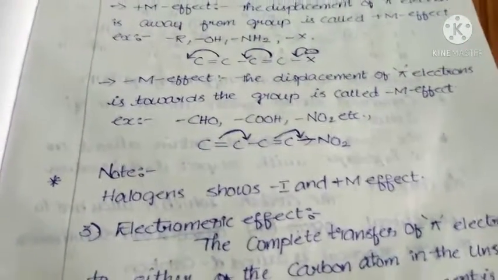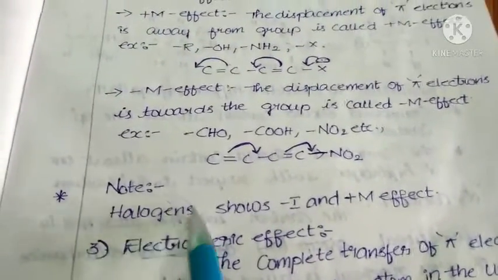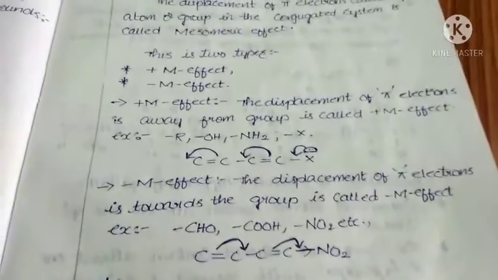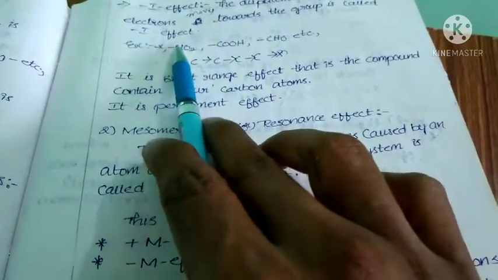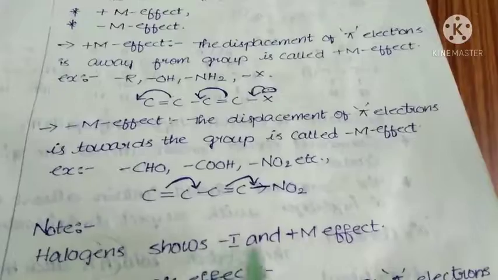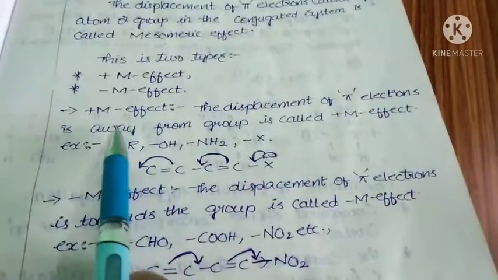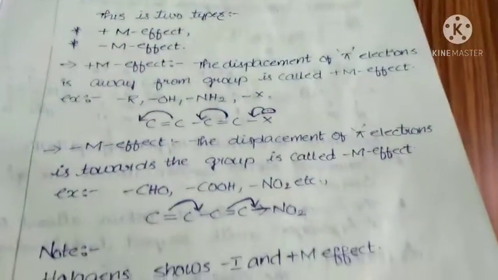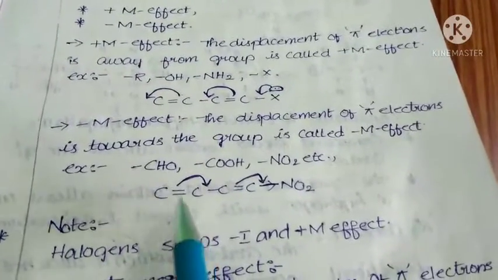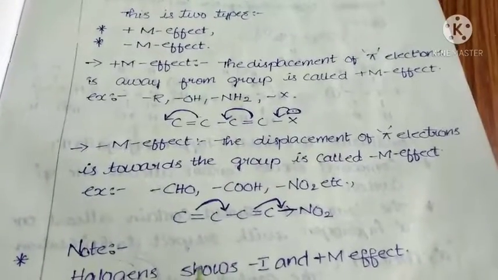I hope you understand. Next, one important point is halogens: chlorine, bromine, iodine, fluorine. They show minus I effect, but they show plus M. This is one of the examples of plus M. You have to understand that when halogens are attached to a saturated system, they withdraw electrons, that means sigma electrons.